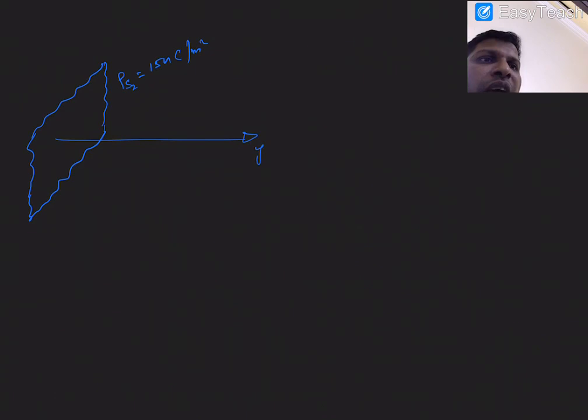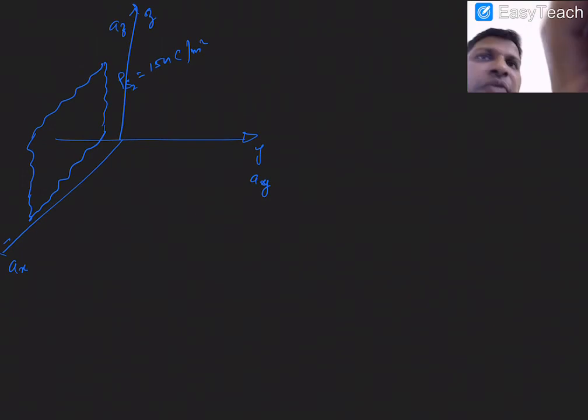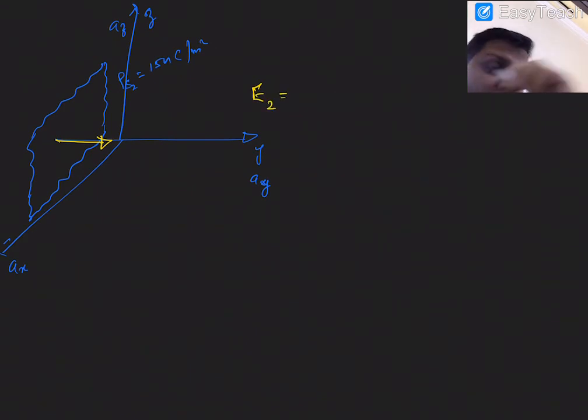This is your y axis with direction AY, this is your x axis with direction AX, and this is your z axis with direction AZ. So this plate will contribute along the y axis, so the electric field will be rho S2 divided by 2 epsilon 0, and the direction will be AY.